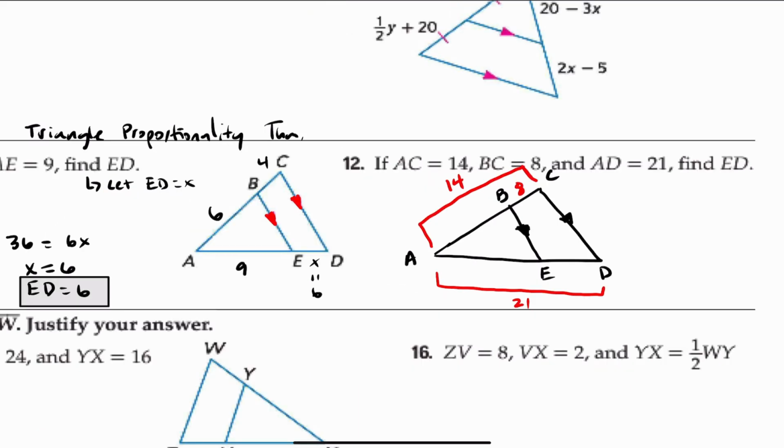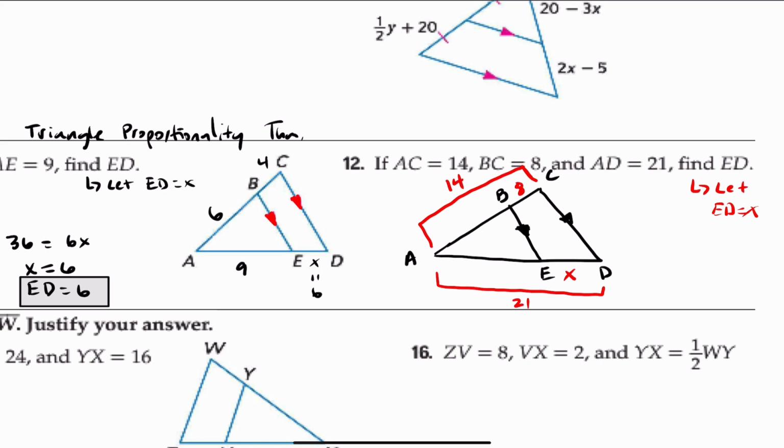So, as you can see, we have a triangle where the segment is parallel to the third side, right? But if we look back at this problem here, we had something here, here, here, and here, and therefore we can just create a ratio between these two segments equal these two segments, okay? But in this problem, we have this whole thing here, this whole thing here, a number here, and we should call this x because that's what we're trying to find. So let ED be x, right?